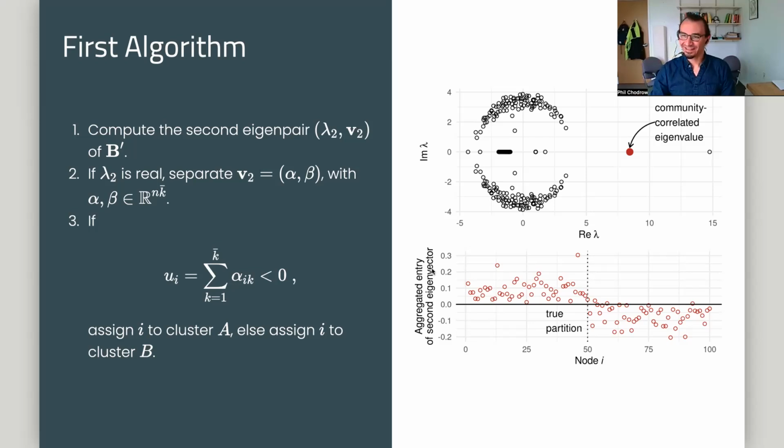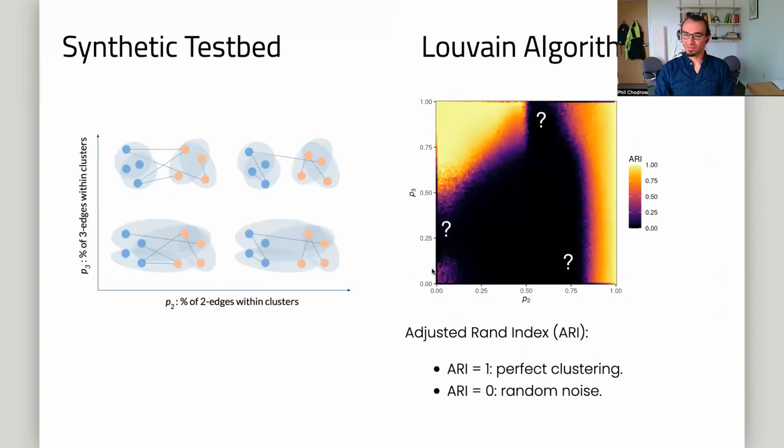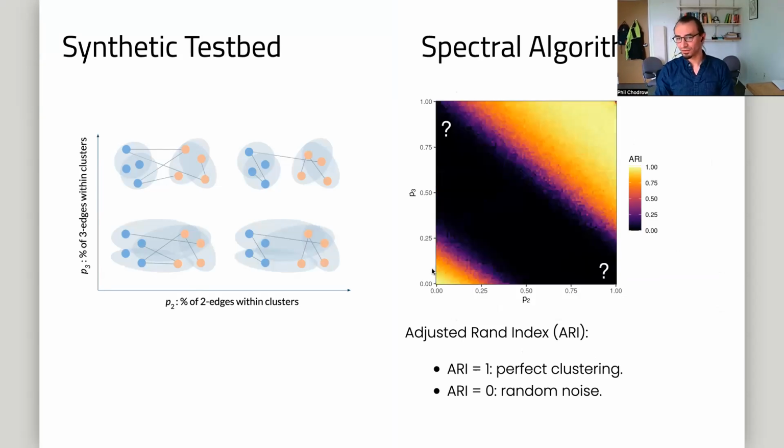Let's try it. We've been playing with this test bed, and as you remember, our motivation was to do better than this very bizarre modularity maximization plot. When we try the algorithm I just described in this same synthetic test bed, we get a very different looking result. There are some interesting things to unpack here.